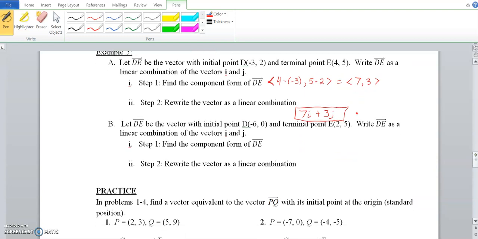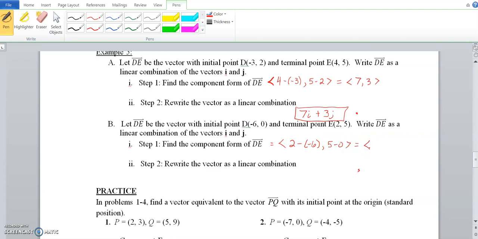Here, part B in example 5, same thing, just different points. Vector DE is equal to 2 minus negative 6, so x2 minus x1, and then y2 minus y1, so 5 minus 0.